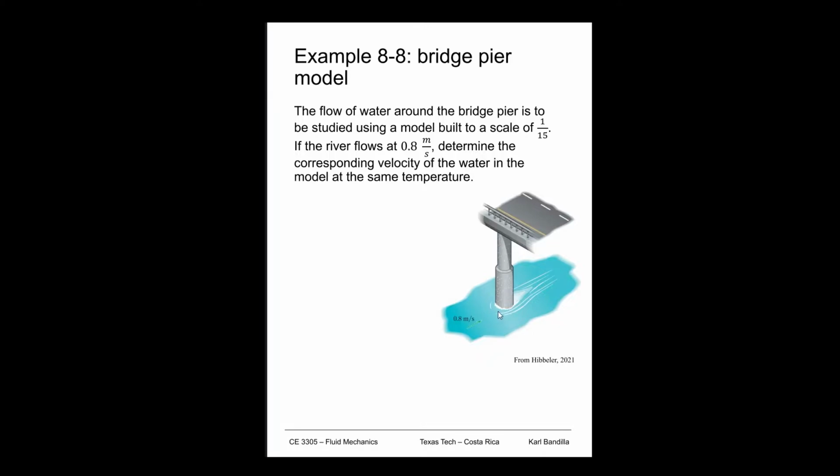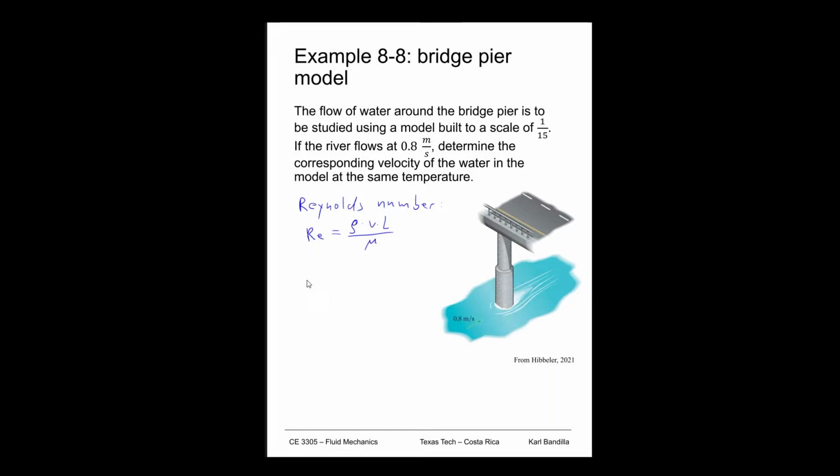In this case, we're interested in the flow around the pier, so that means we're mainly going to be interested in viscous forces, so we know we'll need the Reynolds number. Reynolds number, we know Re is equal to rho times V times L divided by mu.